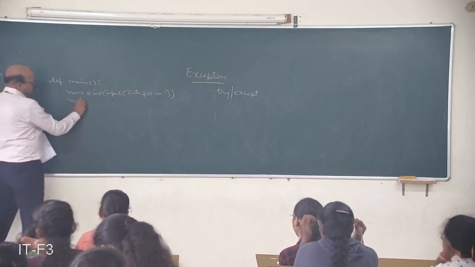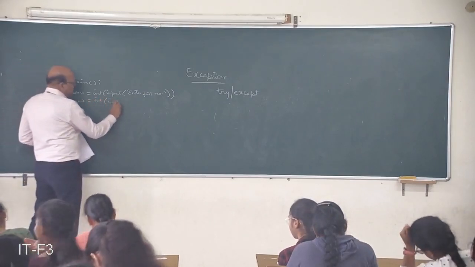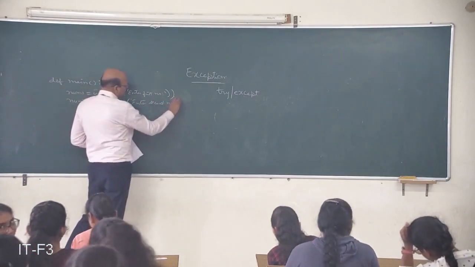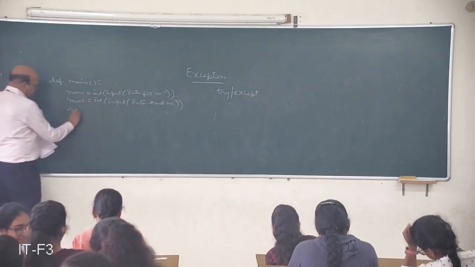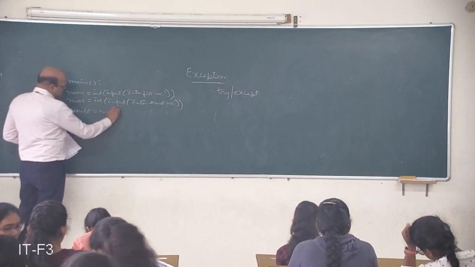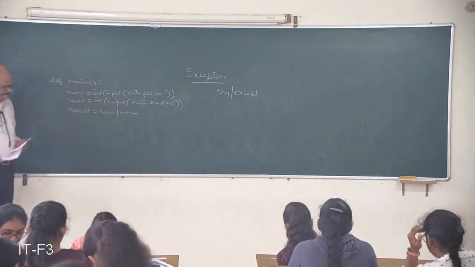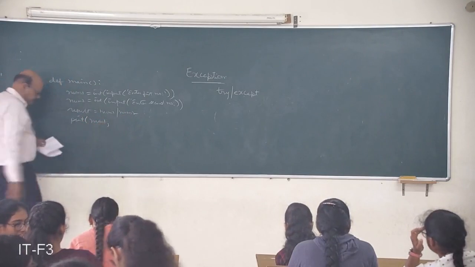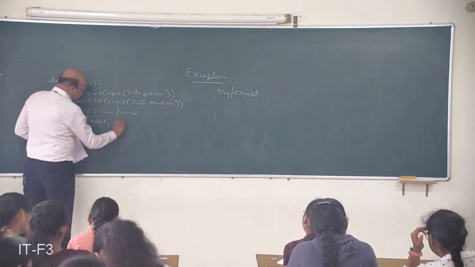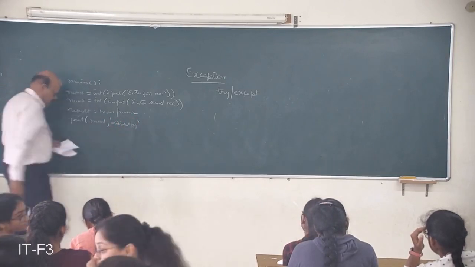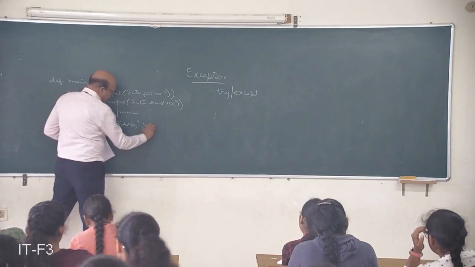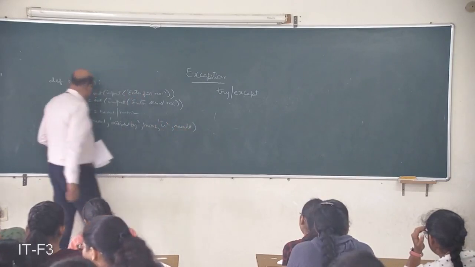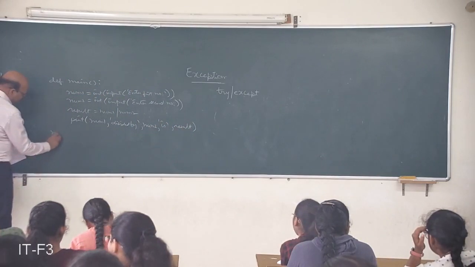Next, the second number. Then printing the result: print number 1 divided by num2 is result. So that is the end of the main function definition. Then you call the main.